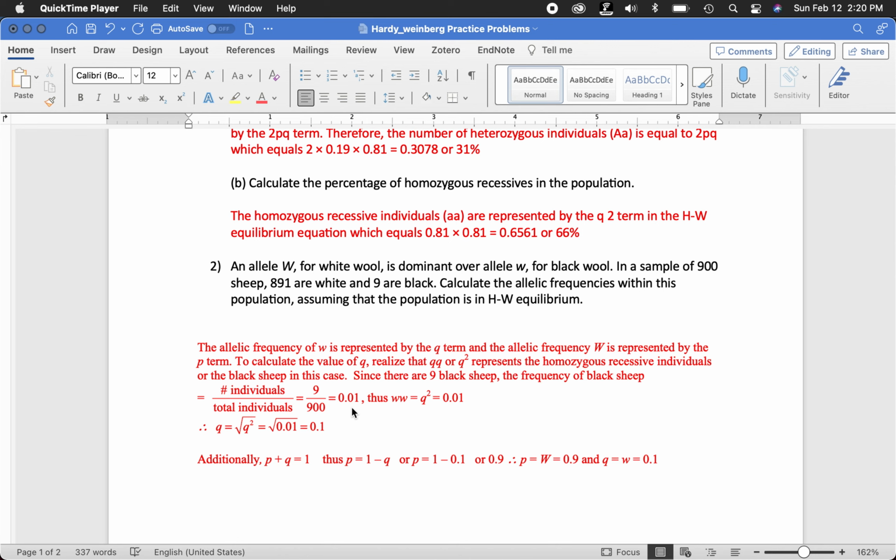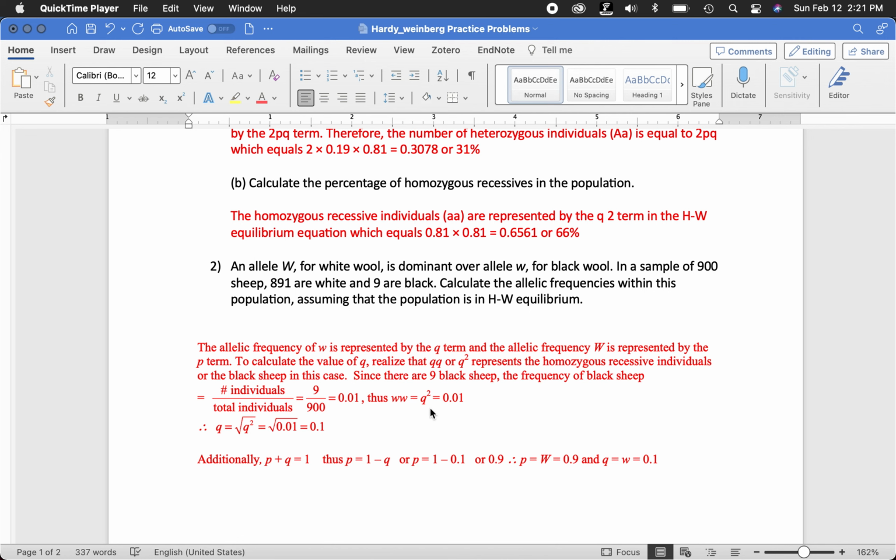So hopefully that's clear, that 9 out of 900 have black wool, which means that 1% of the population have black wool. And you know that black wool is recessive. The only way to have this is to have little w as your genotype.